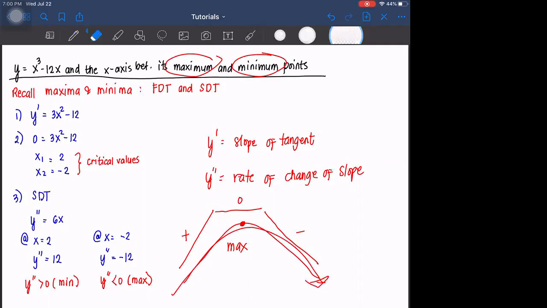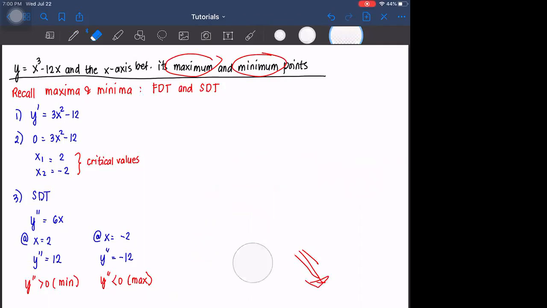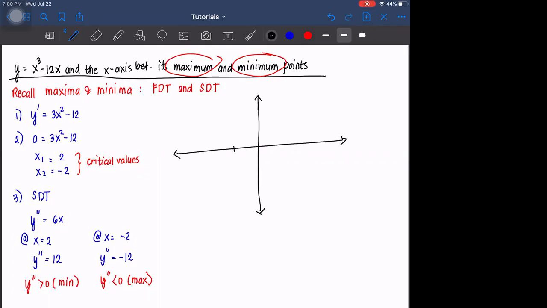So that when we draw the curve, drawing sa curve, 1, 2. So x equals 2. Sa x equals 2, minimum kuno siya.